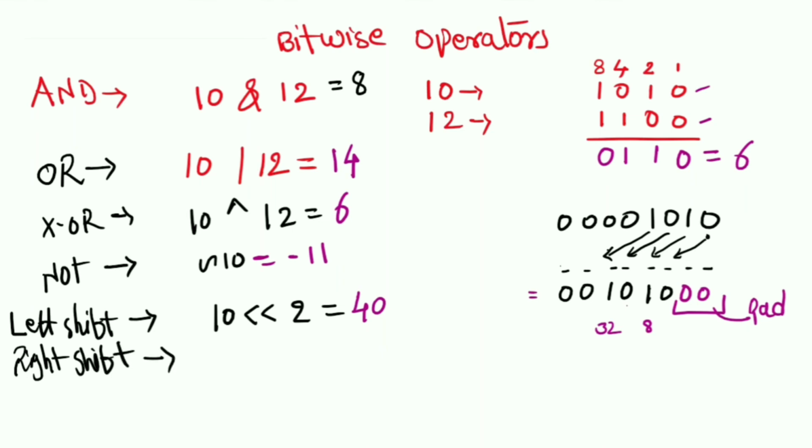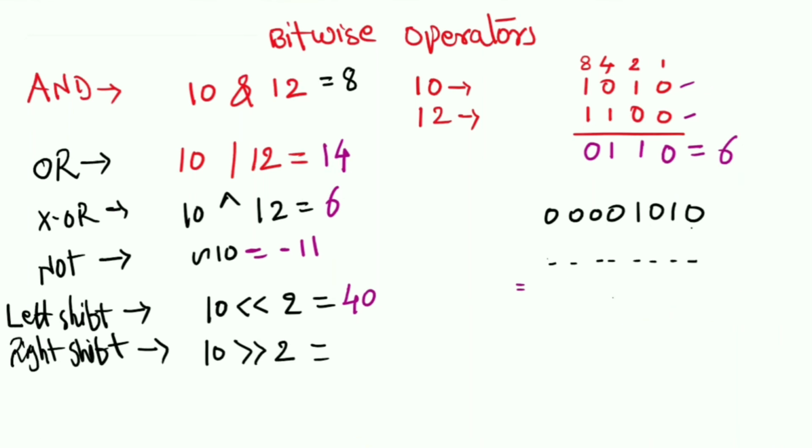In right shift, if I want to right shift 10 by 2 bits, what will be the answer? For that purpose, I simply need to shift this 10 to the right side. This 0 will get shifted here, this 1 will get shifted here, and the remaining will be 0.